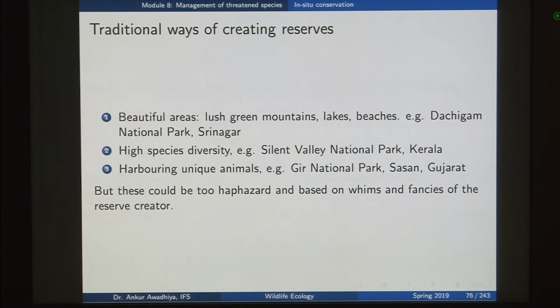So, these were three ways in which traditionally we have been creating reserves, but these could become very haphazard and based on the whims and fancies of the reserve creator. For instance, if I am not interested in lions, I could say that lions are not important for us, let us create a reserve for, say, ghadials. Ghadials are also important species, lions are also important species, but I can make a decision that we should have a reserve where we have ghadials and not lions, and somebody else may say that we should have a reserve where we have lions and not ghadials.